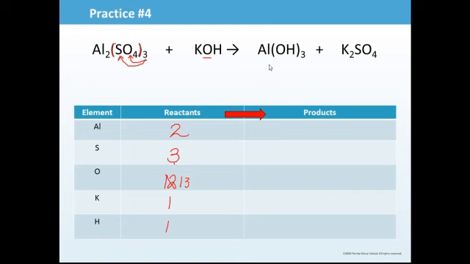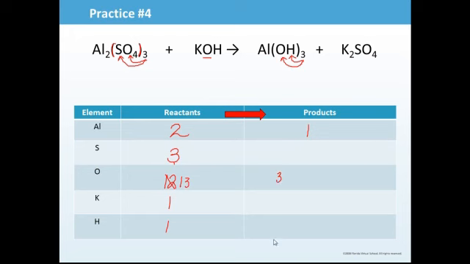Alright, let's go to the right side, our products. We have 1 aluminum. We have another parentheses with a subscript. Again, that subscript gets applied to everything in the parentheses right before it. 3 gets applied to the O and the H because those are directly before it. So we have 3 oxygens there.